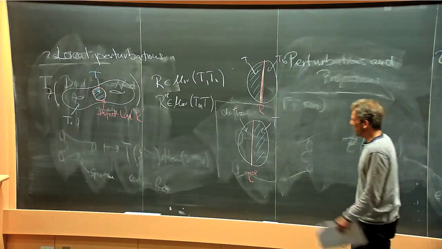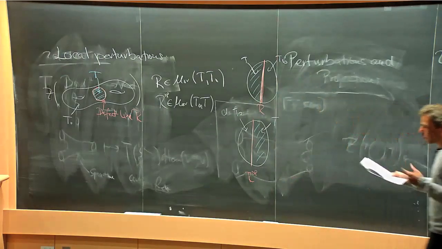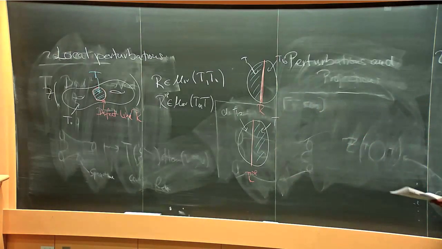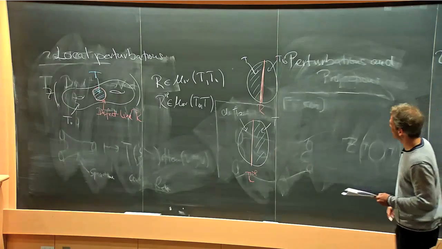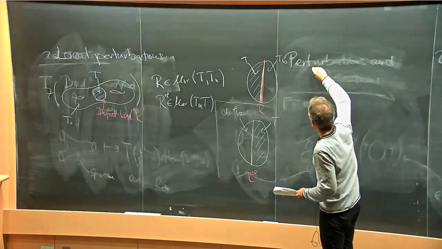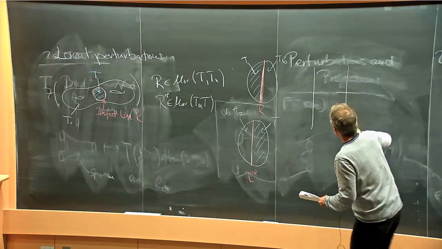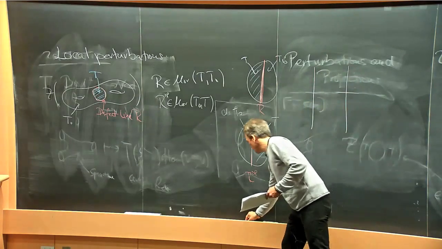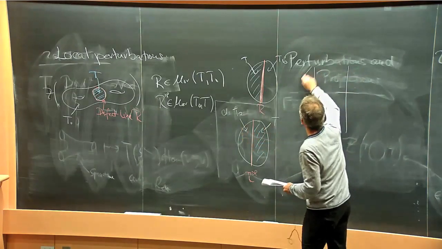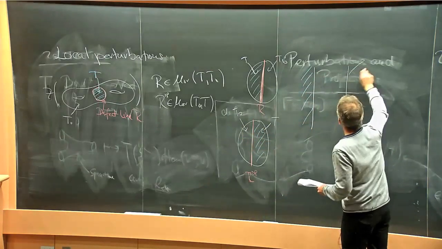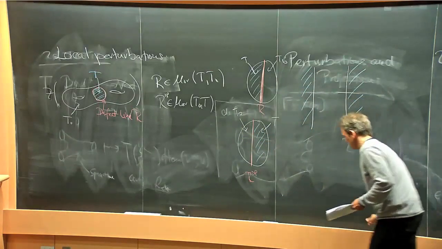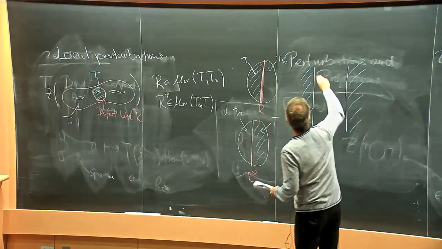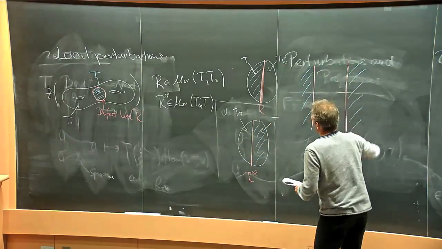Now there's one important property these local deformations or local perturbations have, and this is the following. Assume that you have part of your surface and you have two boundaries here, and you perturb this on the left of them and on the right. Then, as we have seen, there are two interfaces here.